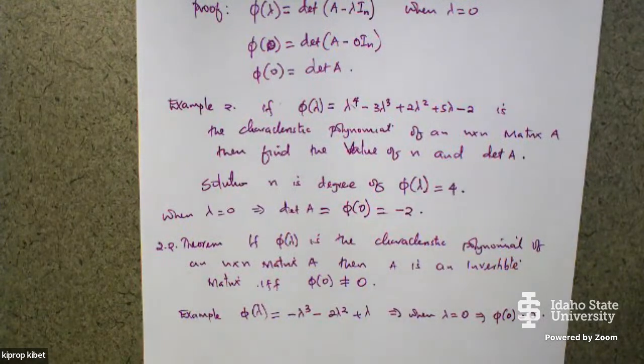So the determinant is 0. So the matrix is giving us a determinant of 0, which means that matrix A is singular.